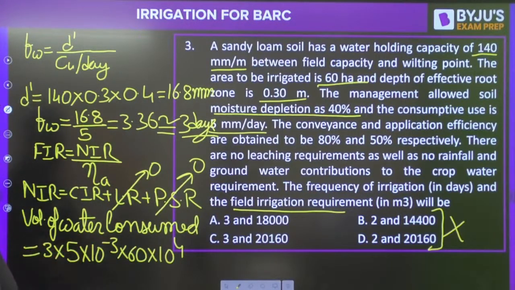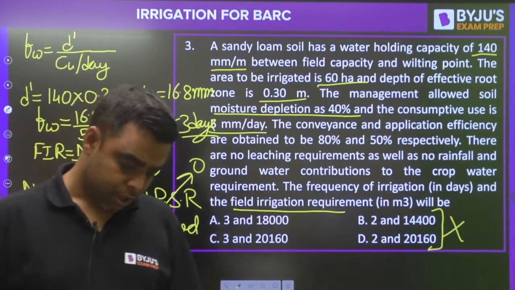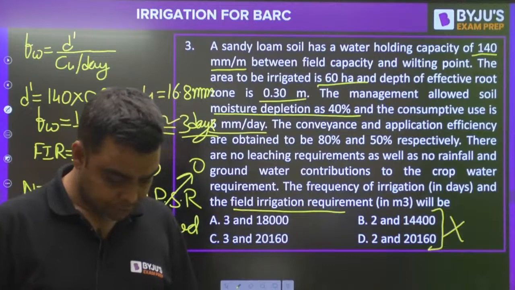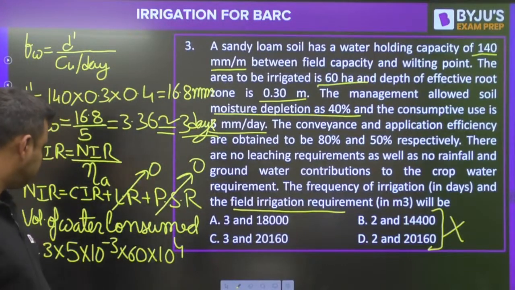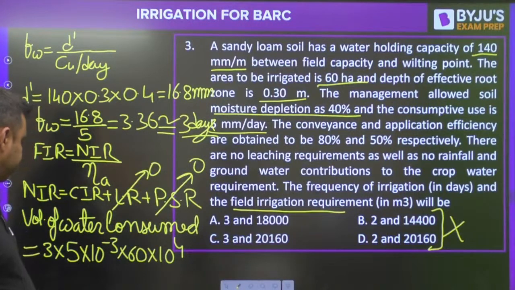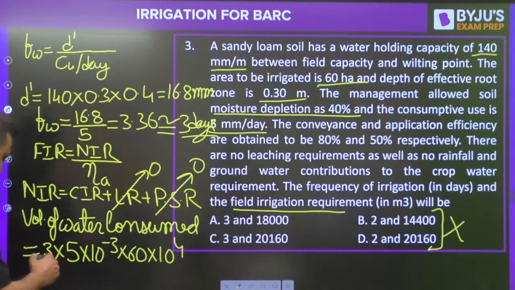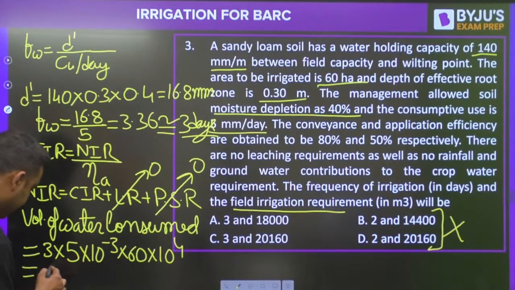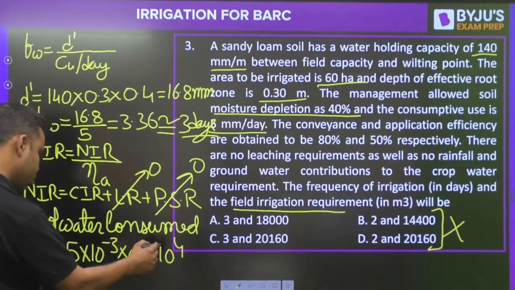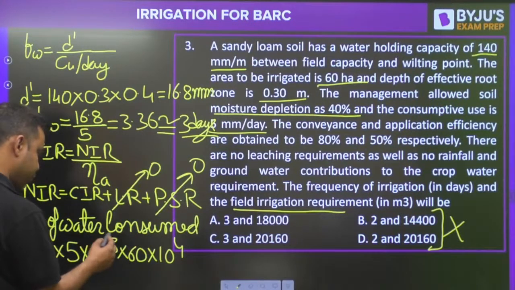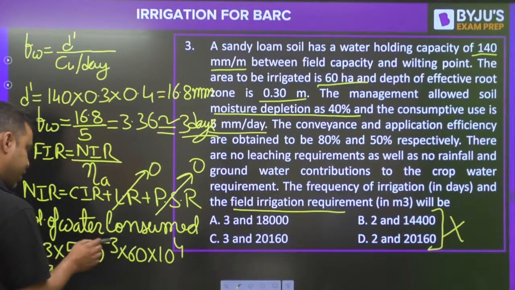Right? So if we solve this, what value will we receive? First let us take the zeros: this will be 10 to power of 5, and 10 to power of 2 will remain.